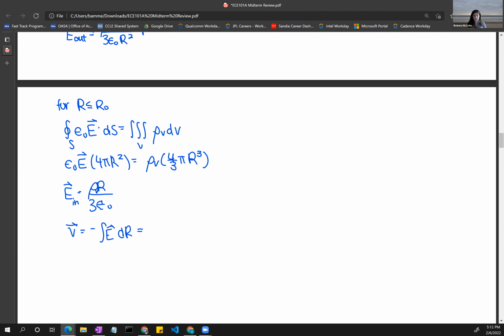And then we have the integral from the edge of the sphere to our current location, because the electric fields outside and inside of the sphere are different. And so we need to make sure that when we're integrating across all of that space that we use the correct boundaries for when the electric field is defined that way.